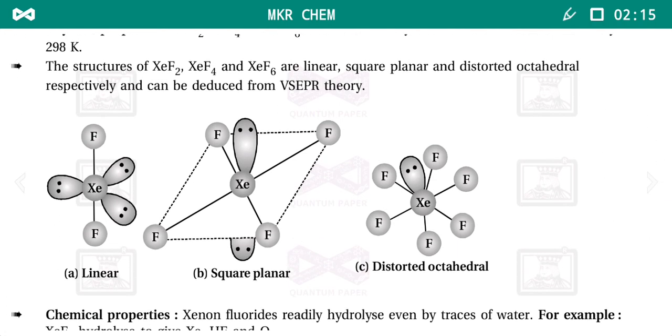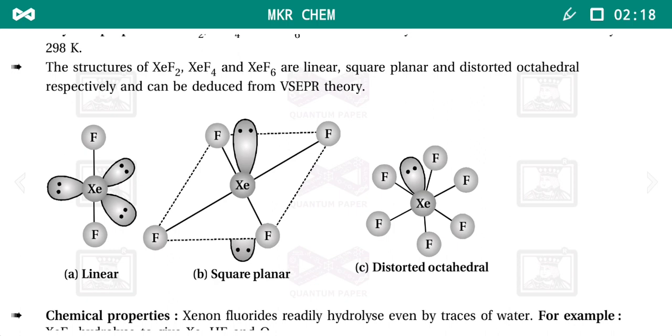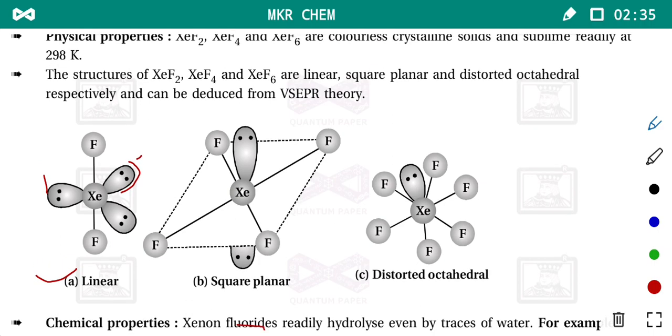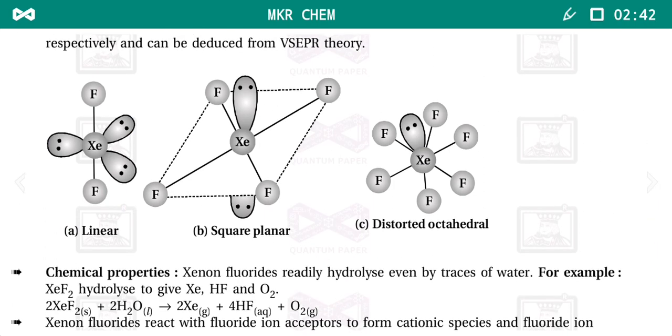are here on screen. Xenon difluoride is linear in shape. There are 3 lone pairs, 1, 2 and 3, and 2 bond pairs, bond pair 1 and bond pair 2.